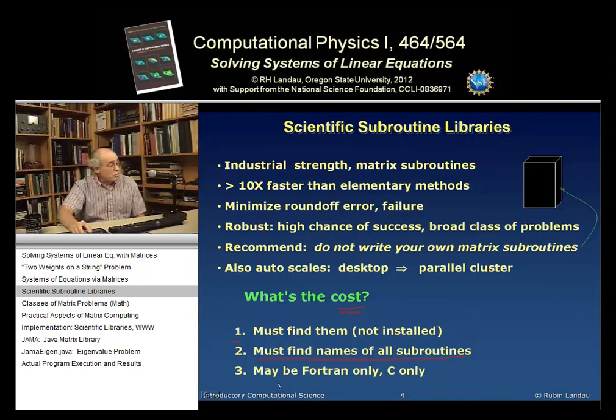Finally, which is something you don't want to hear, many of the routines were originally written in Fortran. And there are not that many Fortran programmers out there, although most large-scale, high-performance scientific computing is still done in Fortran. Now, many of them have been rewritten in C. A few, and we'll use them in this class, have been rewritten in Java as well, but many more are in C and Fortran.